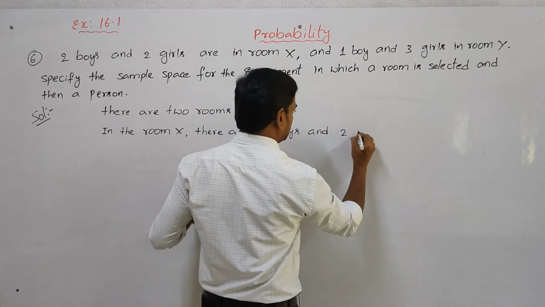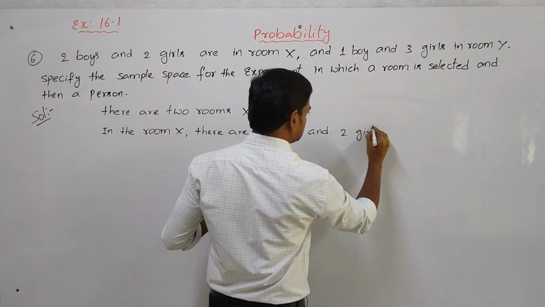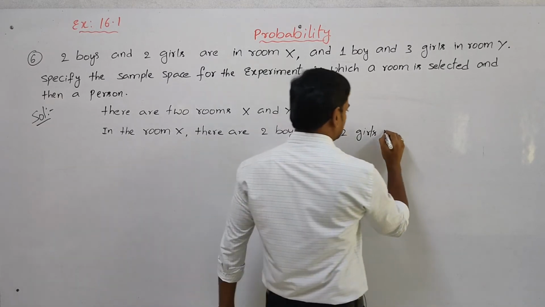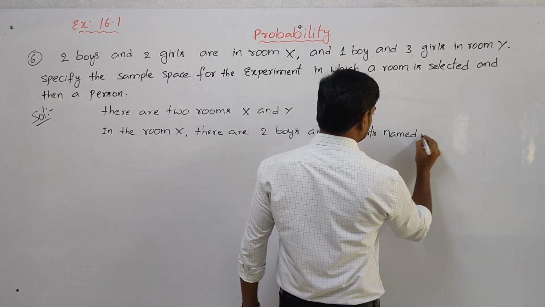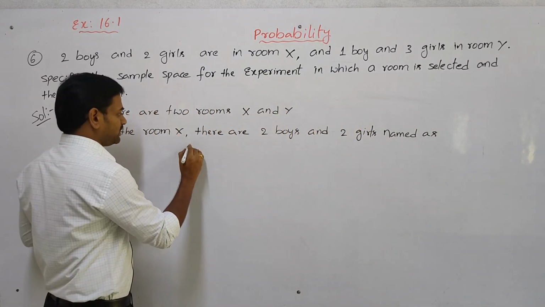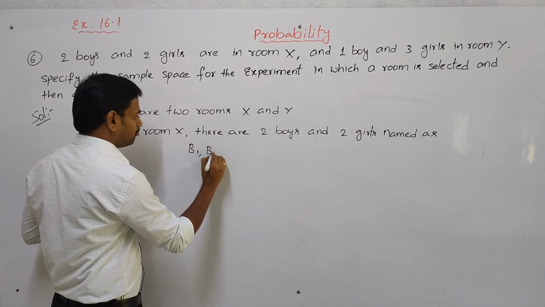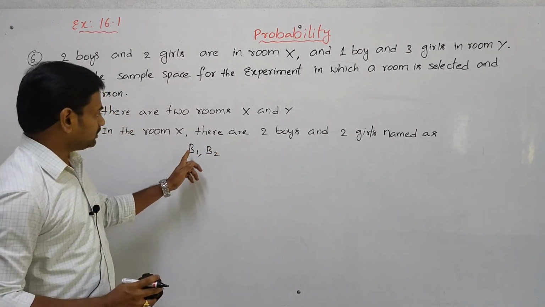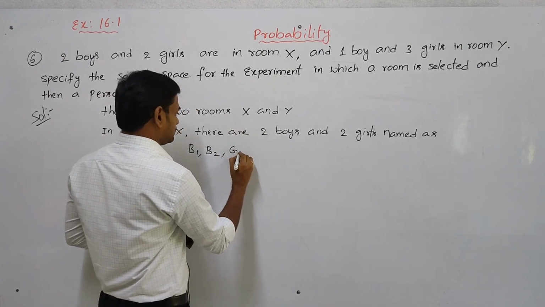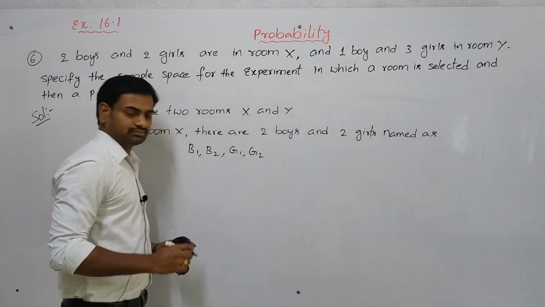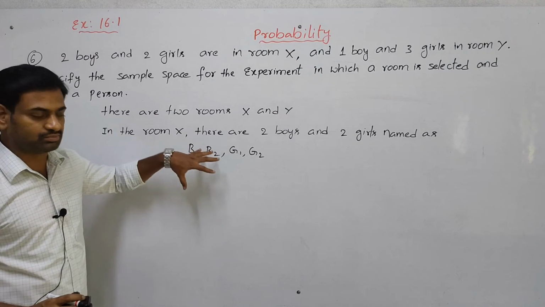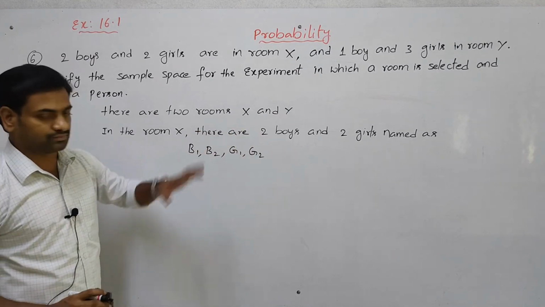I am giving names to them. Two boys are B1, B2, boy 1, boy 2. Next, two girls, G1, G2. So I am naming them B1, B2 for the two boys, and G1, G2 for the two girls.